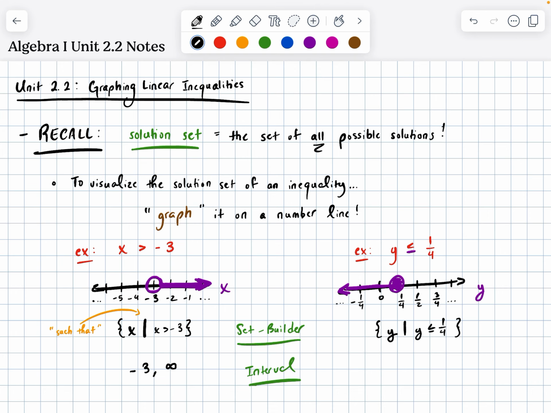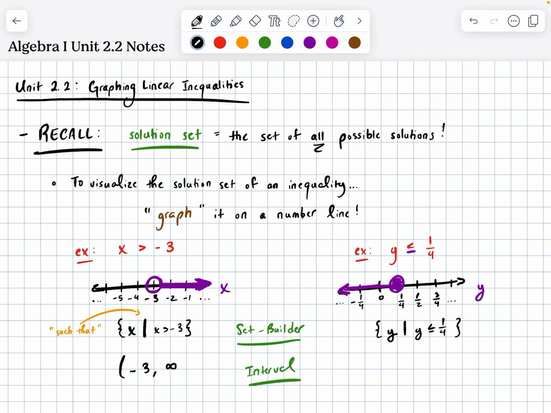In this case, the only thing that's going to change about my interval notation is whether or not a value is in or out of the solution set. We said negative 3 here is not in the solution set. In interval notation, to indicate that something is not included, it gets a parentheses. And for infinity, you might be wondering, is it included or not?